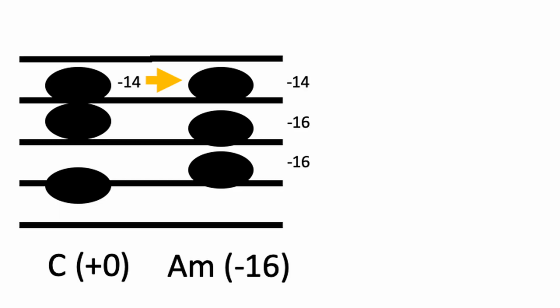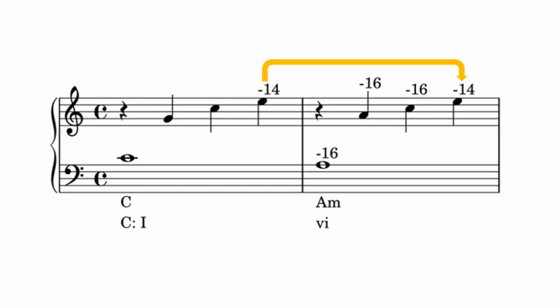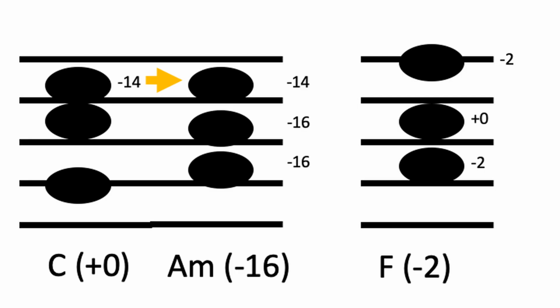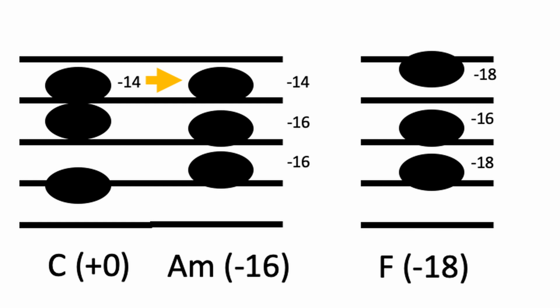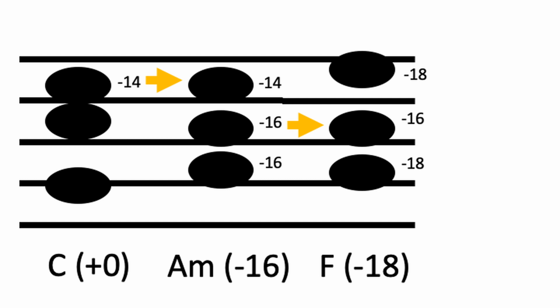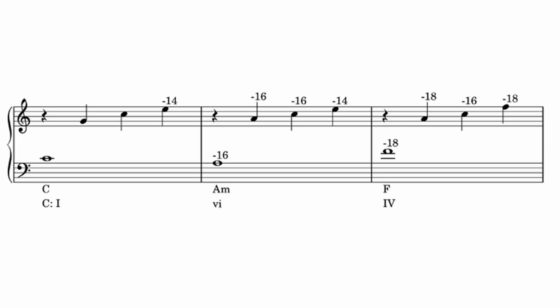We have our C to A minor. When we add on our F chord, it is 2 cents flatter than our A minor chord, so it will be a total of 18 cents flatter, so that way those C's are still both only 16 cents flatter than equal temperament. And now, because PowerPoint is not an ideal notation system, we'll be transitioning to just the staves.